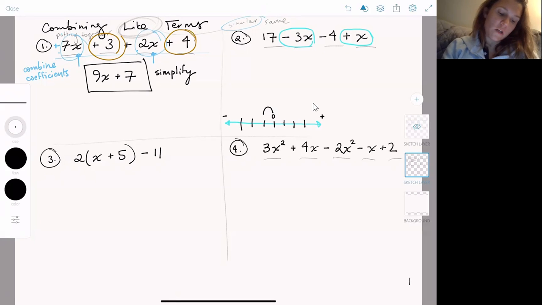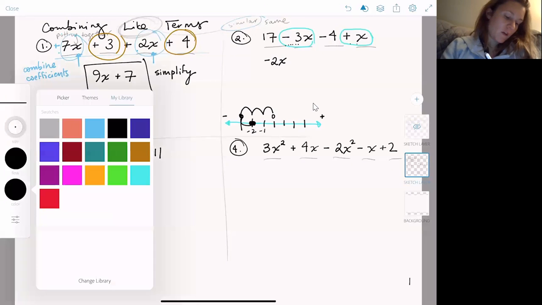I've got 1, 2, 3 negative x's, but I've got 1 positive x. So when I combine 3 negative and 1 positive, that leaves me 0, negative 1, negative 2 x's.